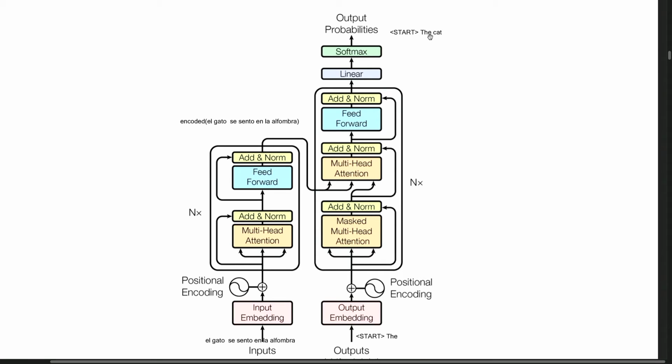And so on. You put cat again here, and you repeat until you have the cat sat on the mat. At the end, it will give a token that is like a stop, so that your program knows, okay, I will stop here, and this is the translation.